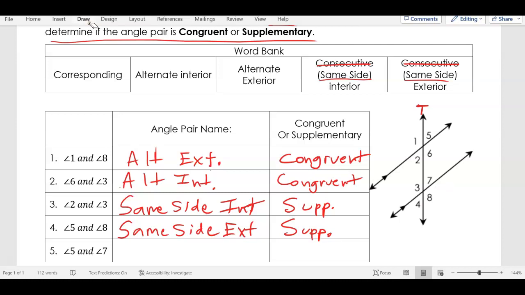What about 5 and 7? Okay, now 5 and 7 are kind of going to look like the last two that we did. 5 and 7 look like they're on the same side of the transversal, so that's cool. But notice 5 is outside the parallel, 7's inside the parallel. They're not both in, they're not both out, it's one in, one out.